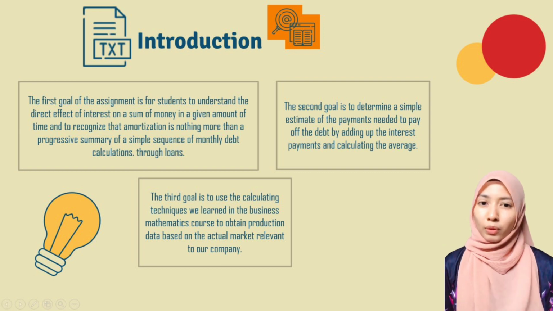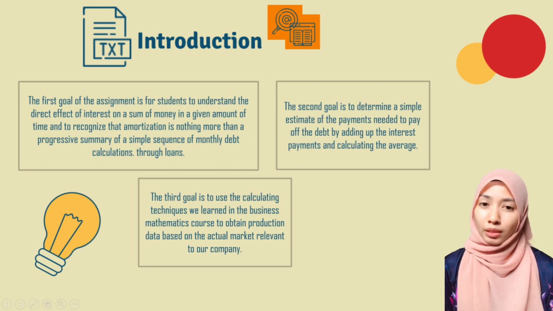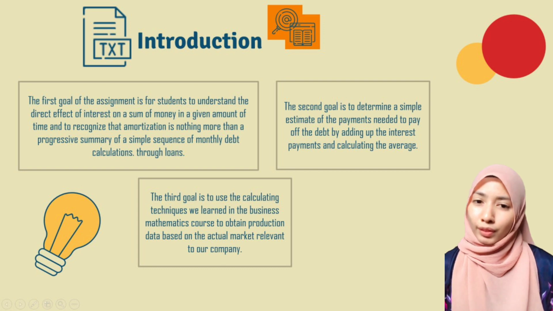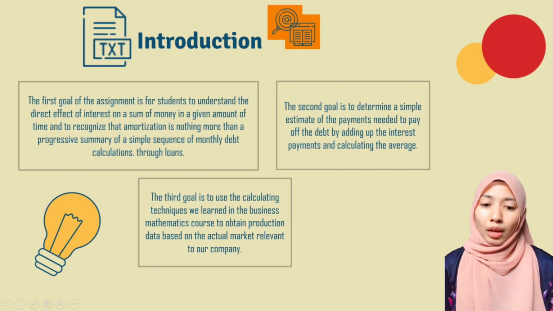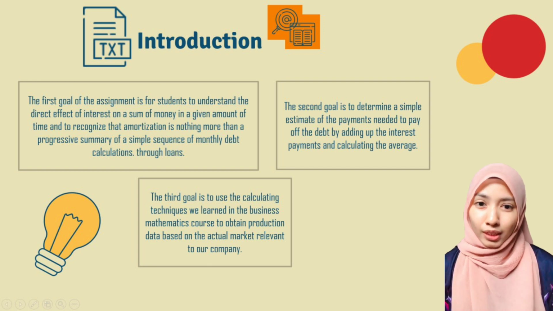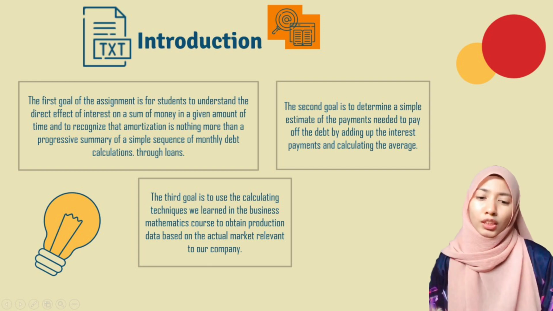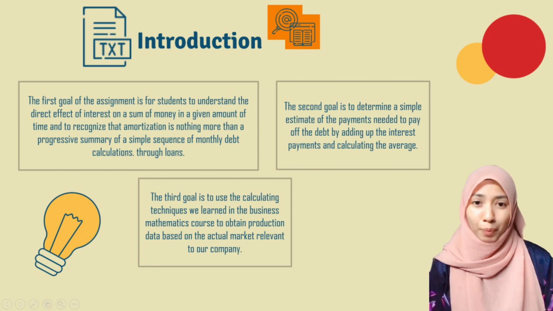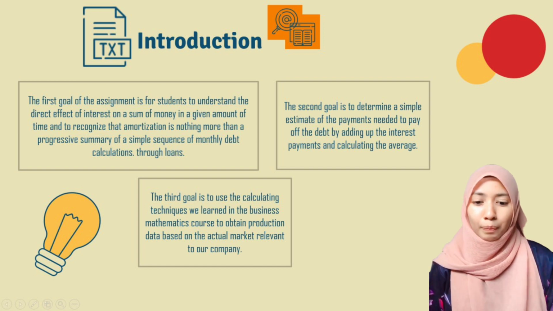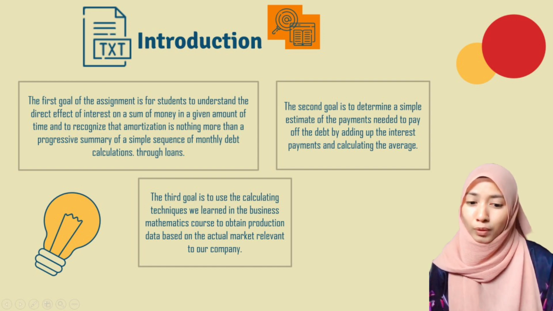The second goal is to determine a simple estimate of the payment needed to pay off the debt by adding up the interest payments and calculating the average. The third goal is to use the calculating techniques we learned in the business mathematics course to obtain production data based on the actual market relevant to our company.